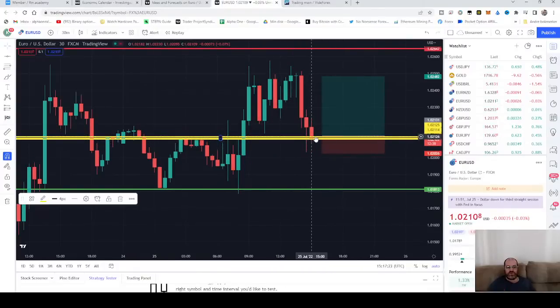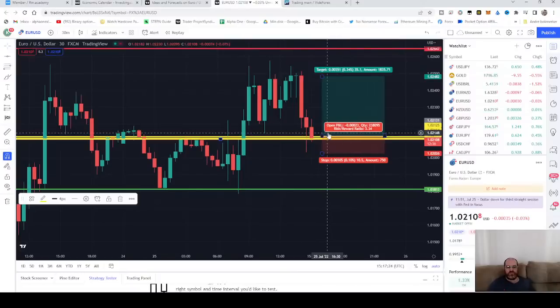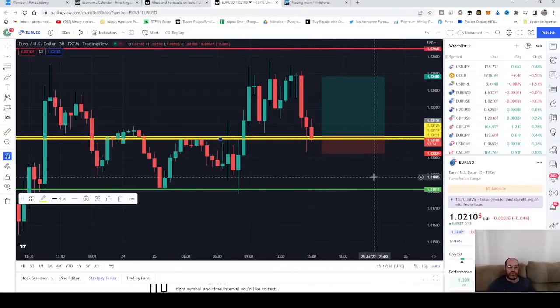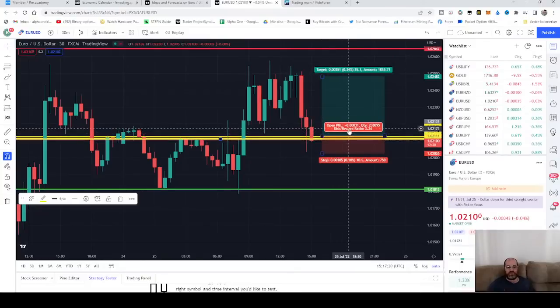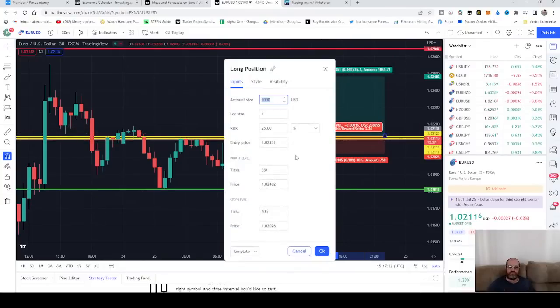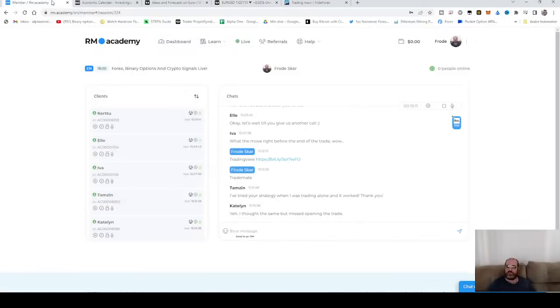So if this one can close above here, so for the ones that want to follow, in 14 minutes, if we can close above up here, we take a trade at entry. This is euro against dollar, by the way. So let's put that up. Euro USD in let's say 14 minutes.